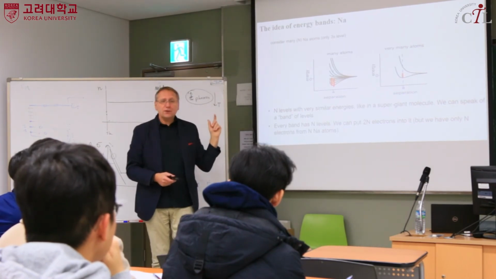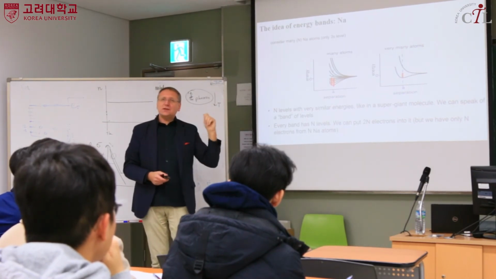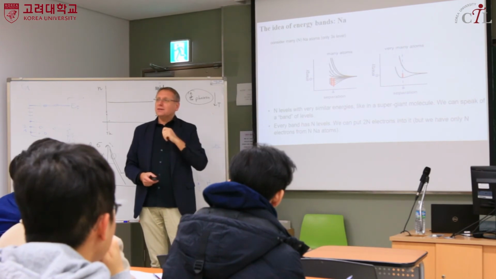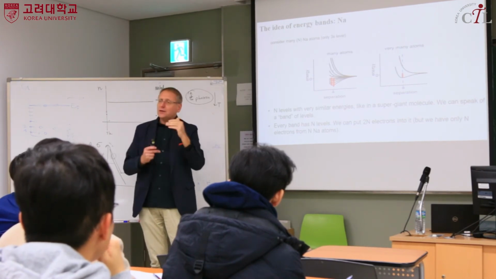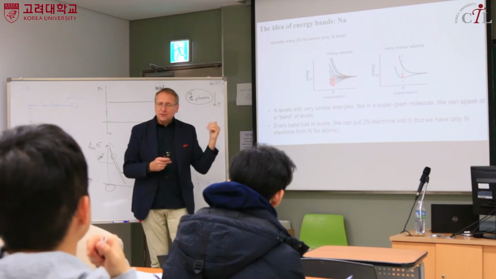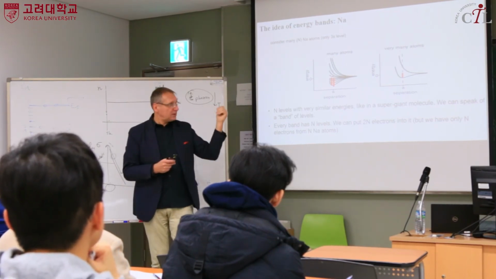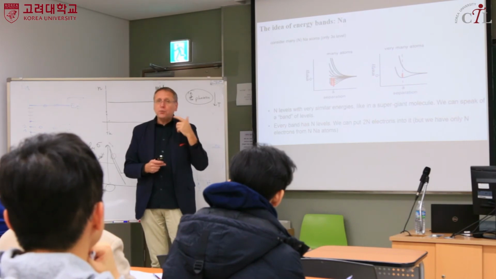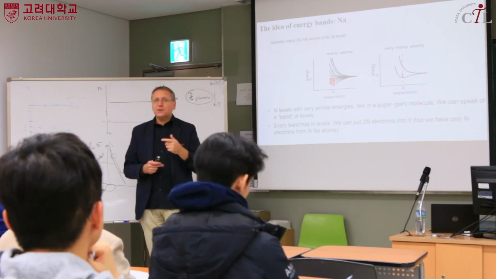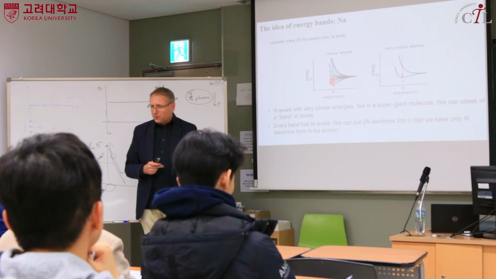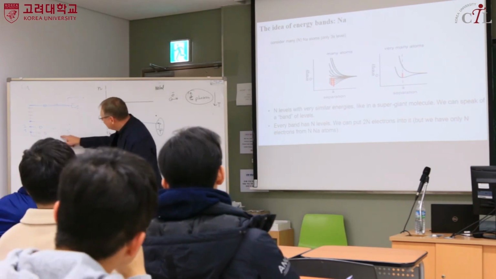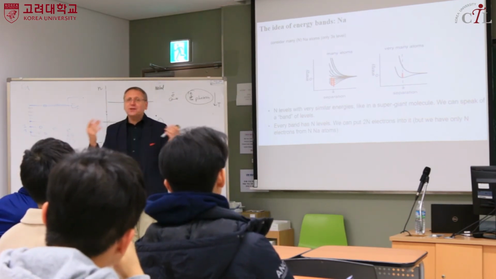This explanation is probably the simplest, but it is very qualitative. So the reason for the appearance of energy bands in these terms is actually the Pauli exclusion principle. If there were no Pauli exclusion principle, then all electrons could be with the same energy. There would never be bands.